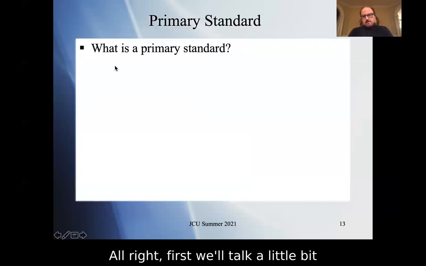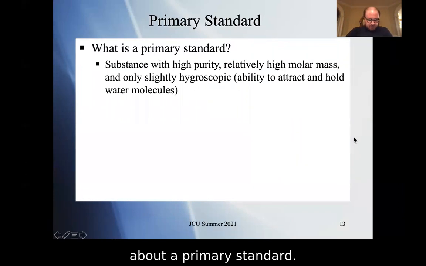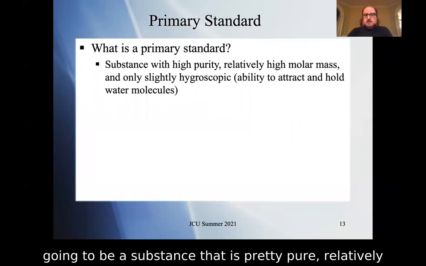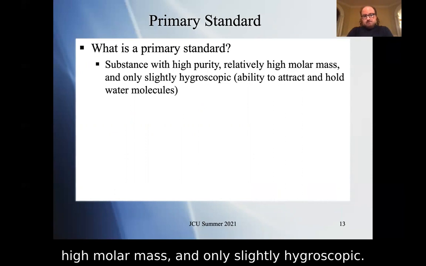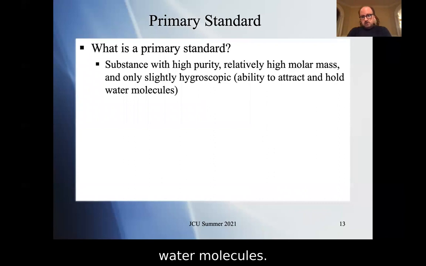All right, first, to talk a little bit about a primary standard. So a primary standard is generally going to be a substance that is pretty pure, relatively high molar mass, and only slightly hygroscopic. Now, the term hygroscopic means the ability to attract and hold water molecules.